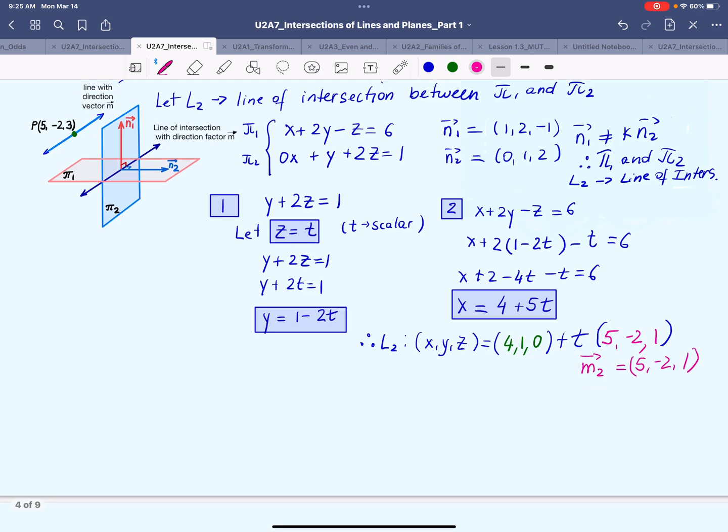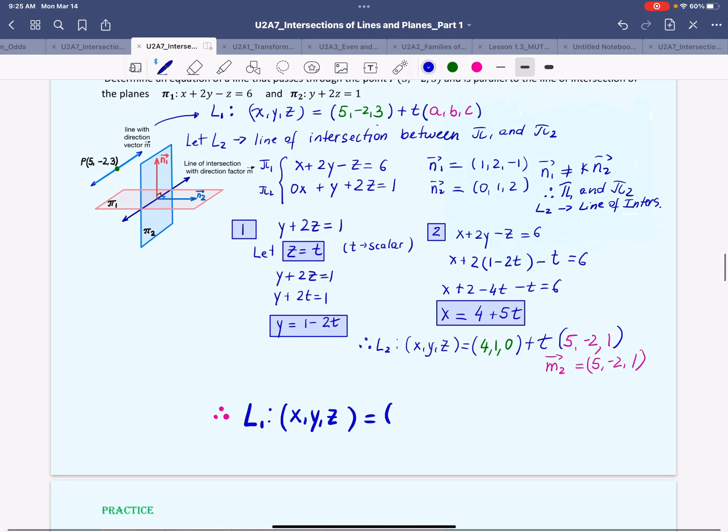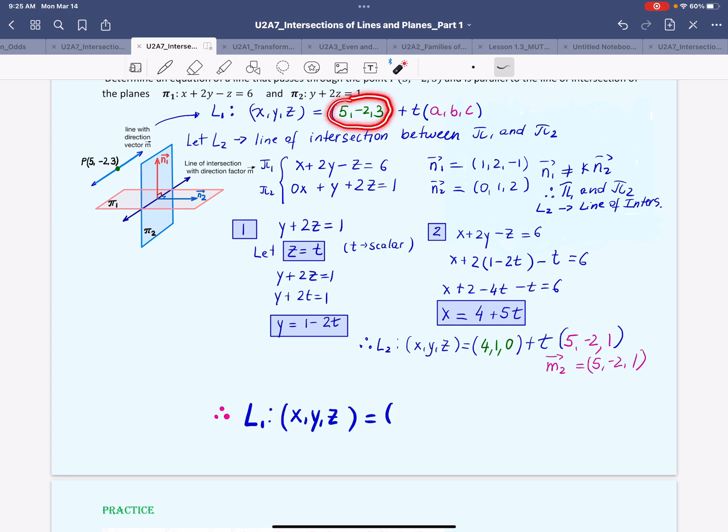So we're going to say that, therefore, the line L1 will have the equation x, y, z equals, so recall that line L1 has a starting point 5, negative 2, 3, plus some scalar, I'm going to use letter S in this case, times the direction vector 5, negative 2, 1.